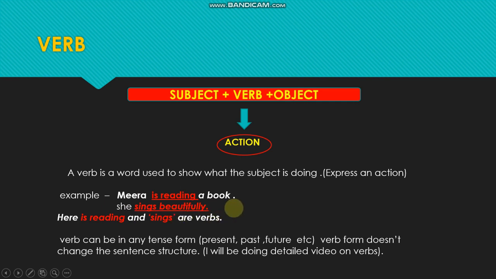Here you notice that there is no object. Sings is the verb here. Verb can be in any tense form, present, past or future. Verb form doesn't change the sentence structure. We will be doing a detailed video on verbs after this video.